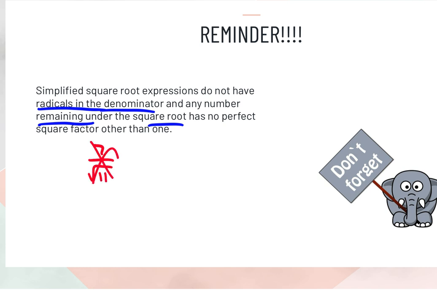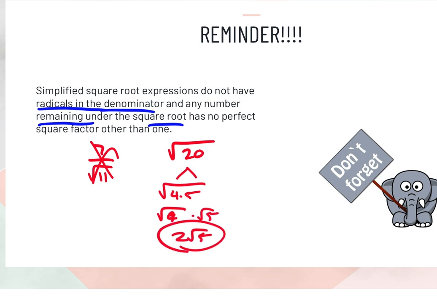You also cannot have the square root of 20, because 20 can be split into 4 and 5. I can take the square root of 4, so I should get 2 square root of 5.